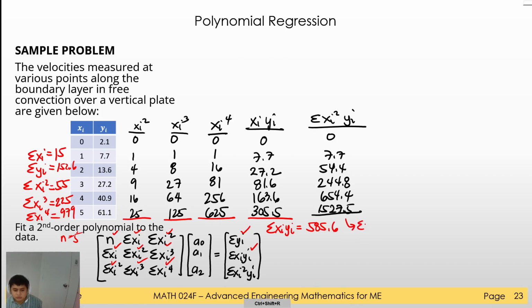The sum of xi squared yi is equal to 2488.8. So we already got everything to solve.